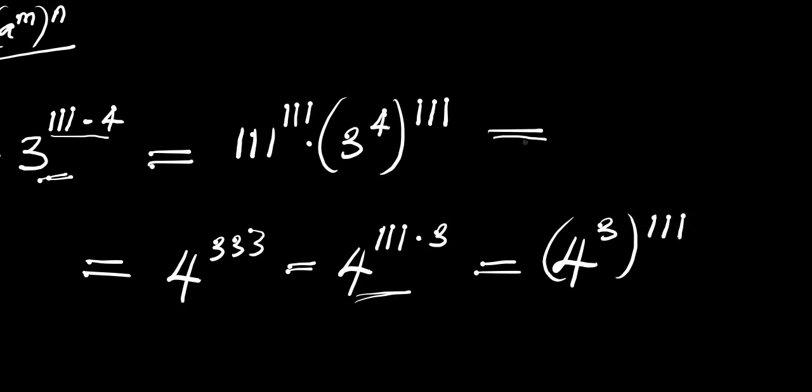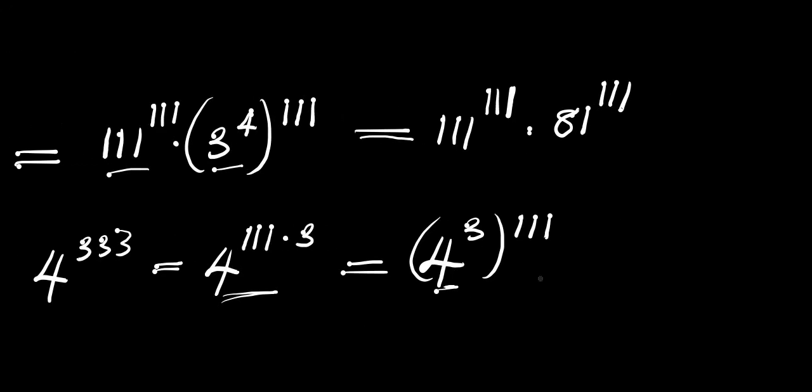Now, here we have this number, 111 raised to the power of 111 times 3 raised to the power of 4 is simply 3 into 4 places, and that is 81. We have 81 raised to the power of 111, and 4 raised to the power of 3 is simply 4 into 3 places, and that is 64.